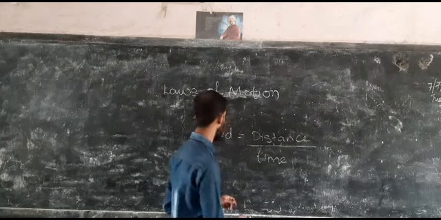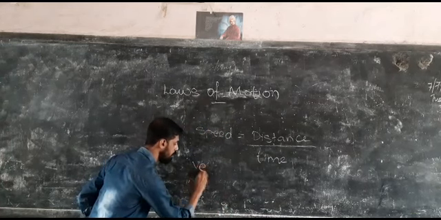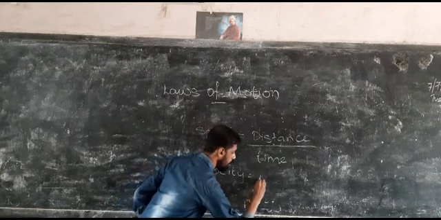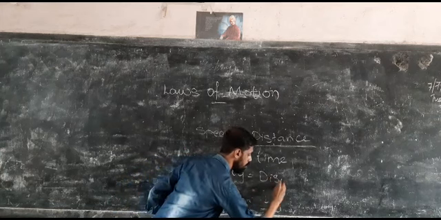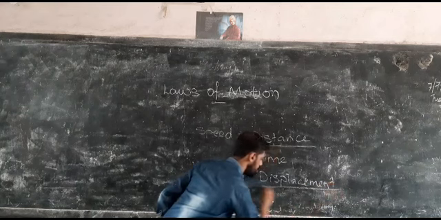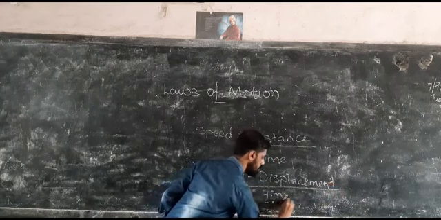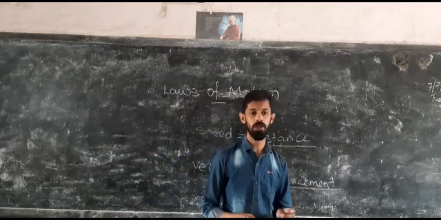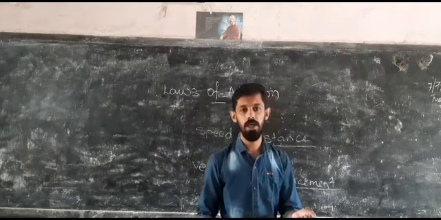So what will be the equation for velocity then? Velocity equals displacement divided by time taken.